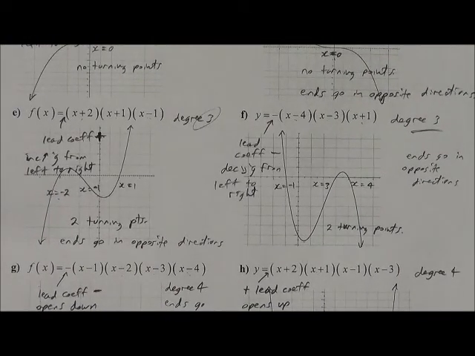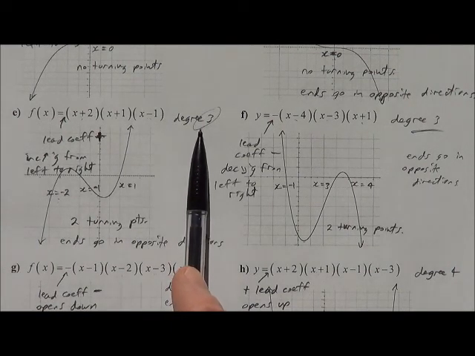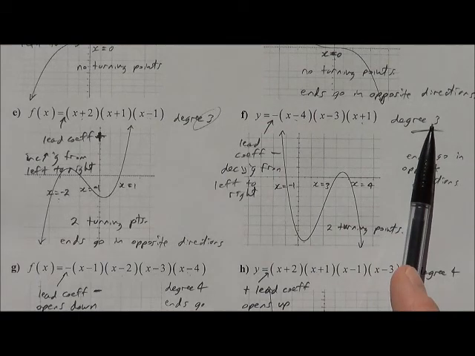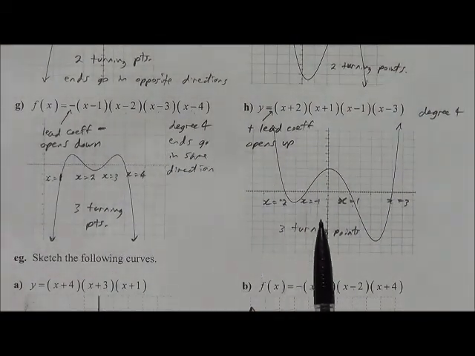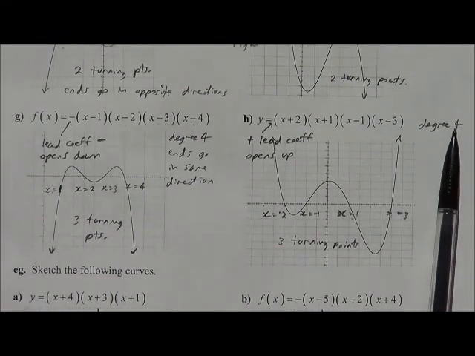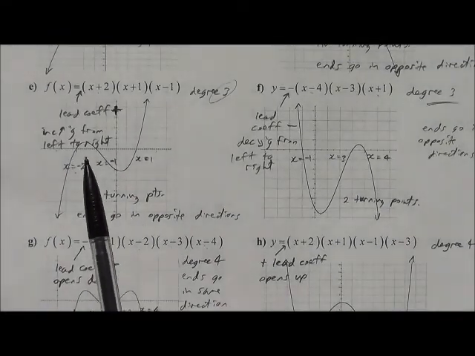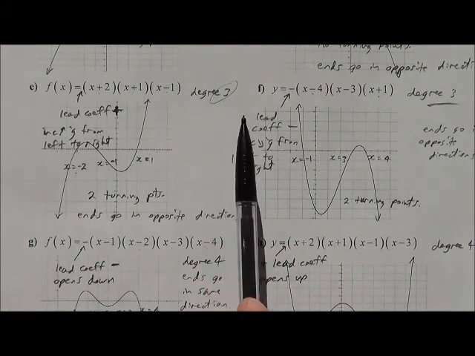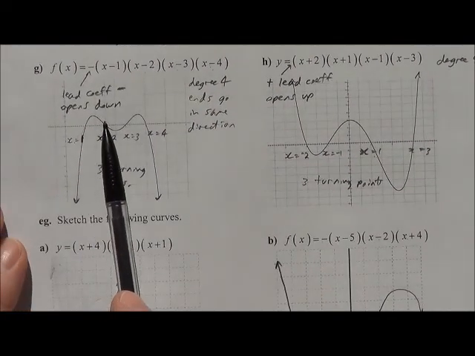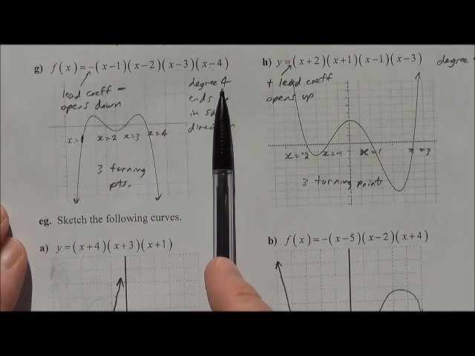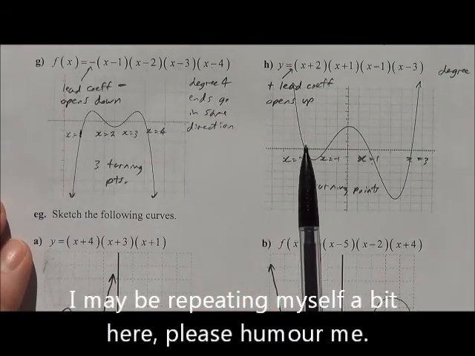One extra thing I forgot to mention is to look at the turning points: 2 turning points for degree 3, 3 turning points for degree 4. But look at the zeros: 1, 2, 3 zeros for degree 3, 1, 2, 3, 4 zeros for degree 4, and the same thing for this one.